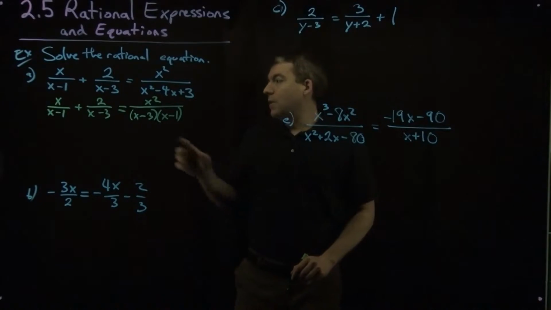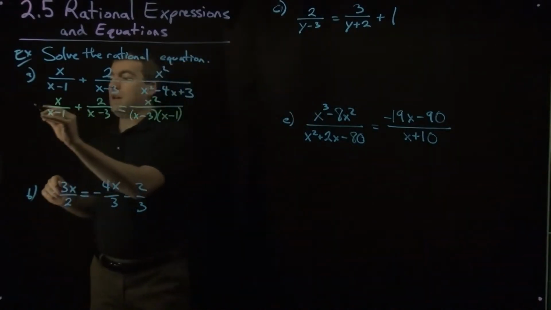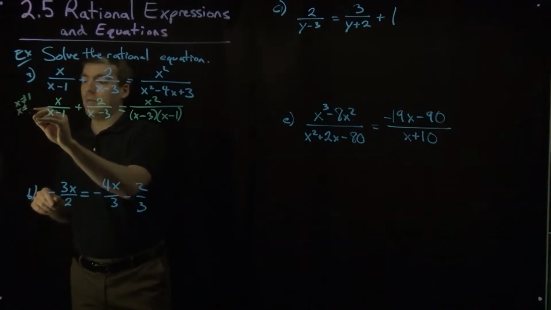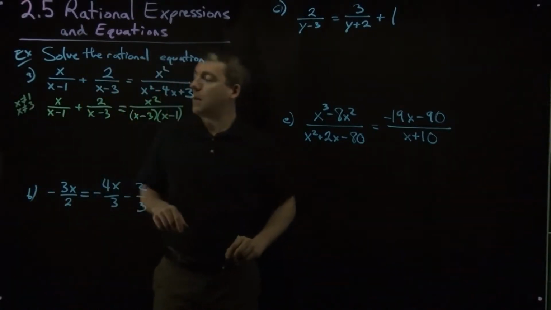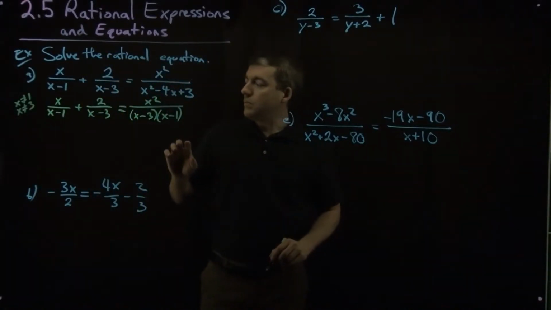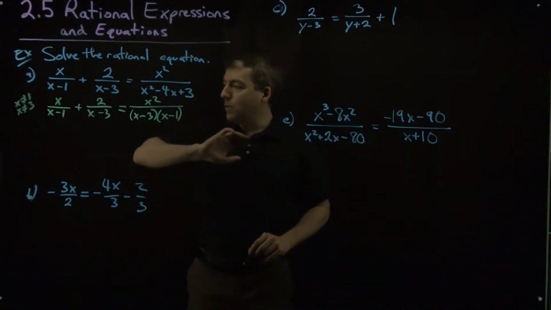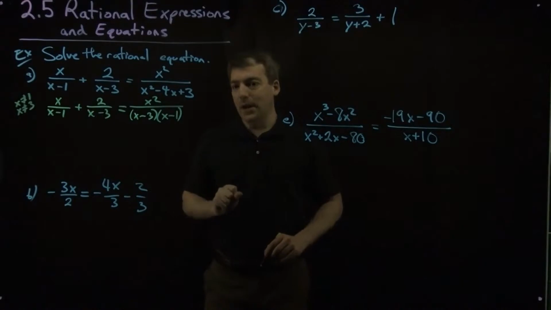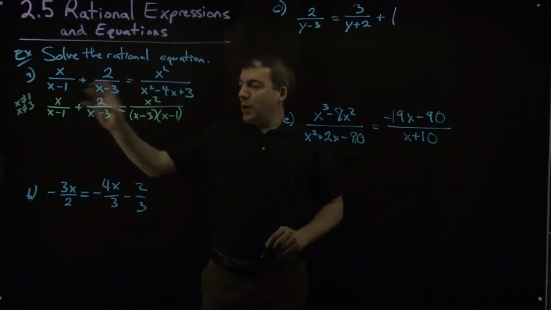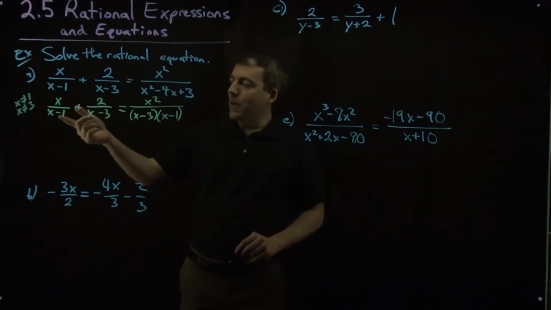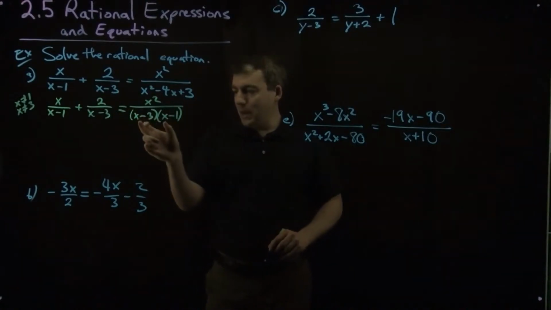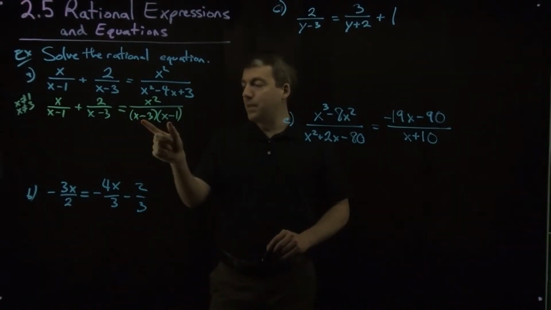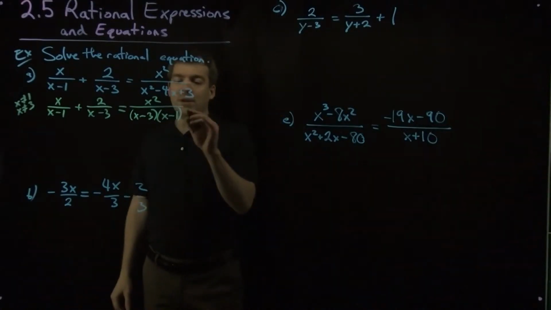So here we note that x cannot be 1 and x cannot be 3. Okay, at this point we can go ahead and multiply both sides by something that clears all of the denominators. And so whatever we multiply has to have a factor of x minus 1, x minus 3, and the product of the two. And that ends up being just the product of these two. So we'll multiply both sides by that.